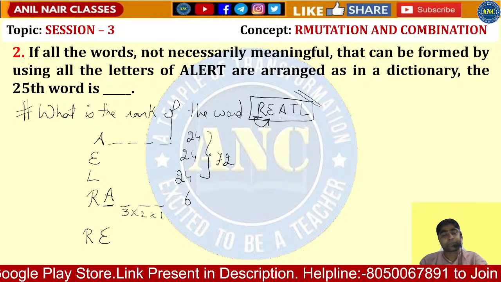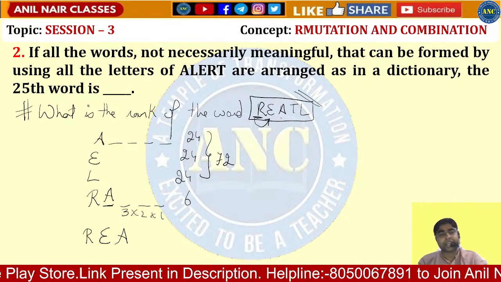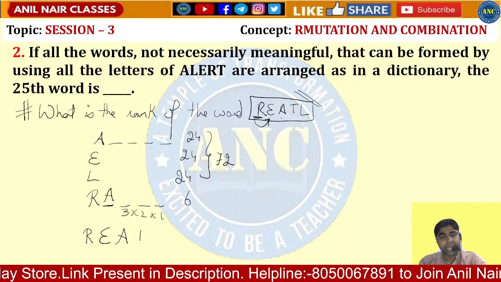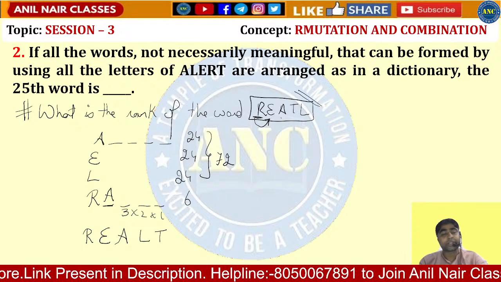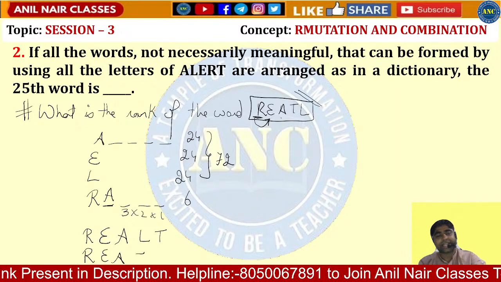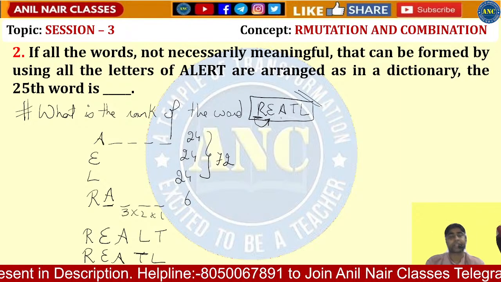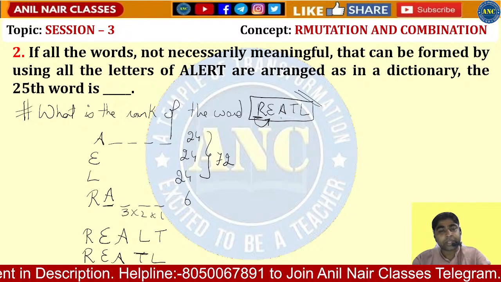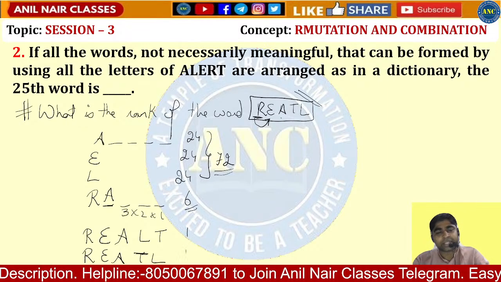After E, what will come? Obviously A. Okay. And after A, L will come. And then T will come. Okay. And after this, REA, T and L, if I will make the choices. So this is 72, then 6, and then 1, and then 1.